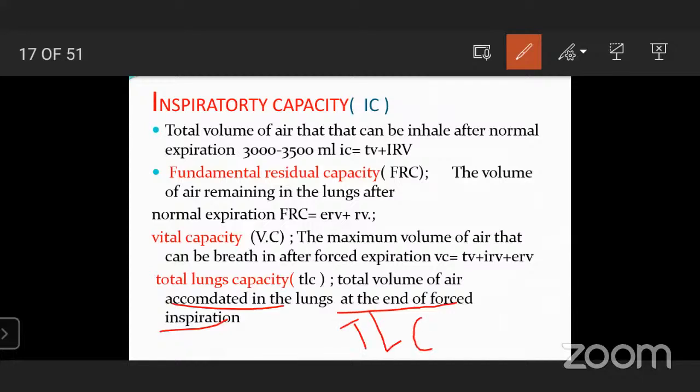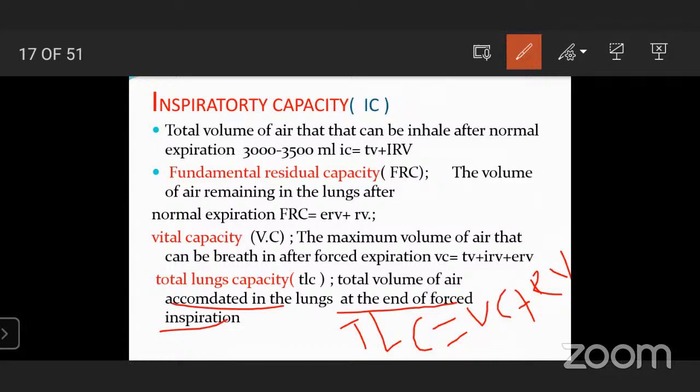TLC is equal to VC plus RV. Or you can write TLC is equal to IRV plus ERV plus TV plus RV. Both are right, the same, no problem at all. TLC is equal to VC plus RV, residual volume.